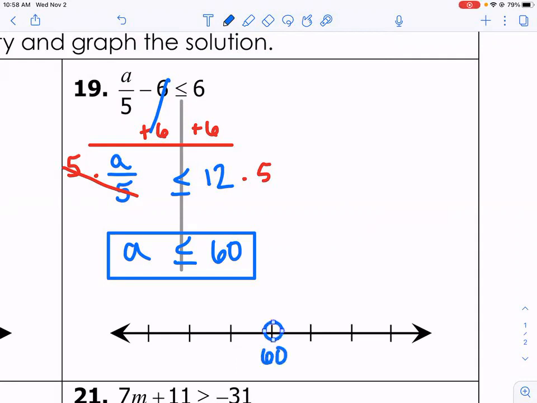Okay, so there's two different things. First of all, our variable is on the left, so we don't have to rewrite it. That's what Kinley said. Second of all, we multiplied by a positive number. It's only when we multiply by a negative number that we would have to flip the sign, or divide by a negative number. Okay, so I have my closed circle at 60, and we're going to go to the left since it's less than.